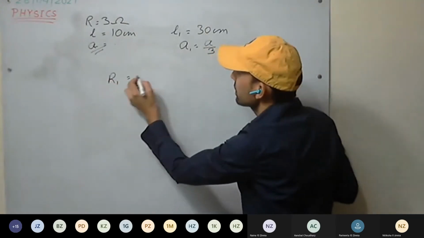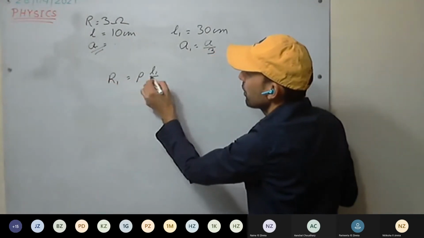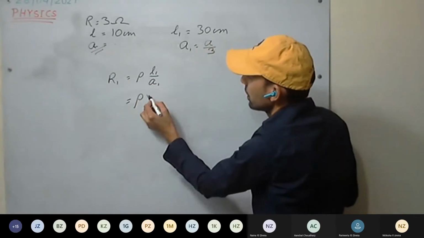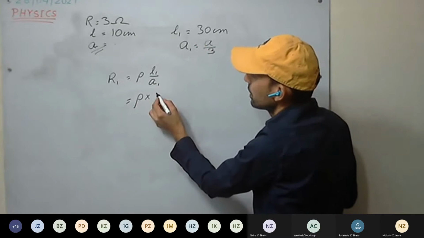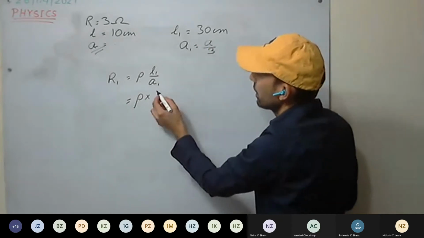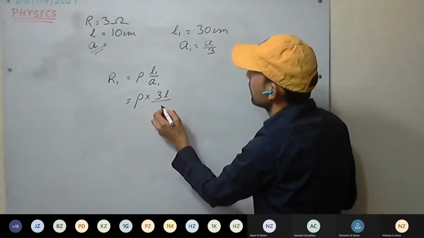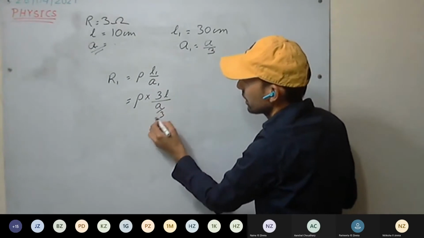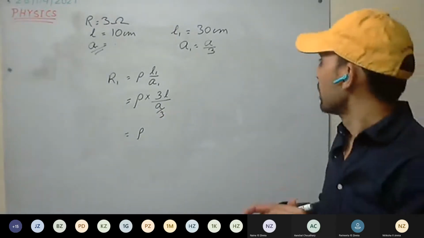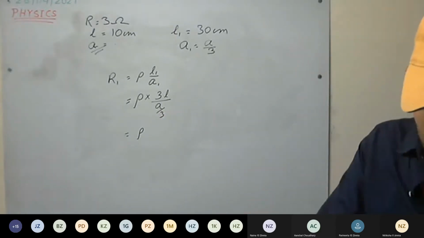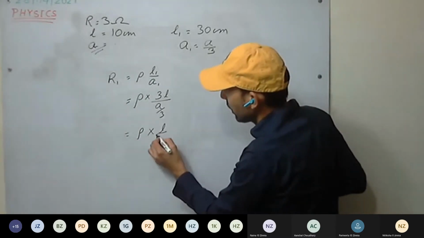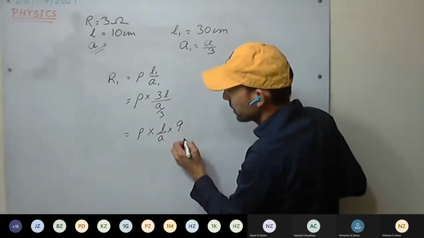So the new resistance is rho L1 upon A1, which is rho into 3L divided by A by 3, that is rho L by A into 9.